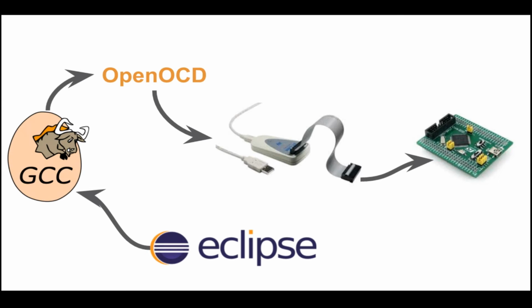GNU has the GCC open source tool chain, where you will find the compiler, linker, and all those things, which can take your program and convert it into machine code.